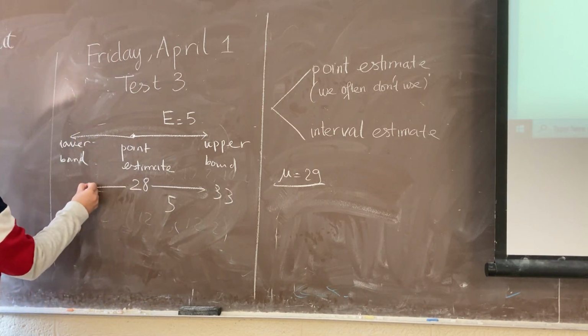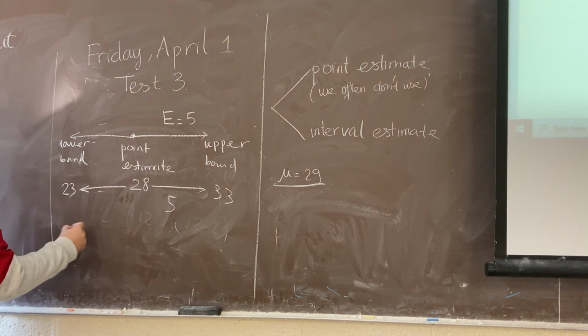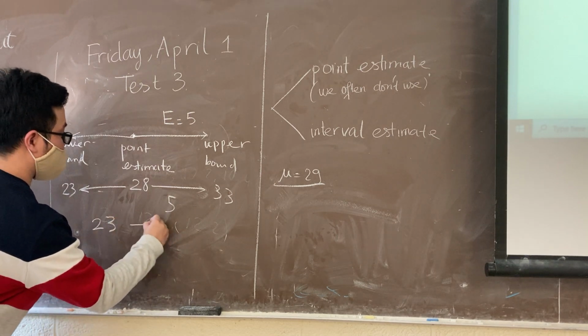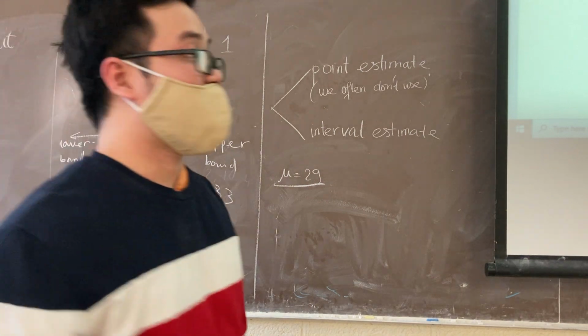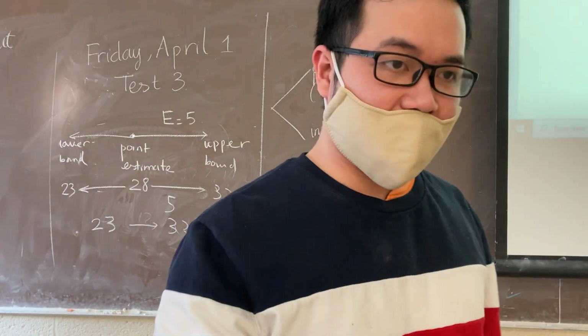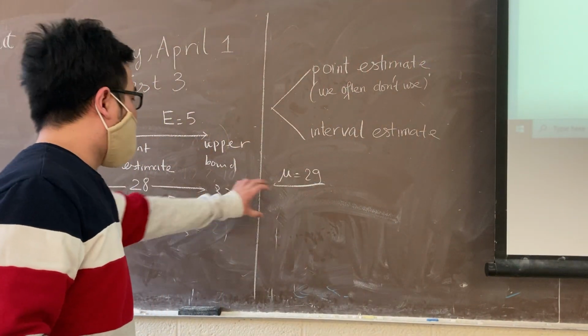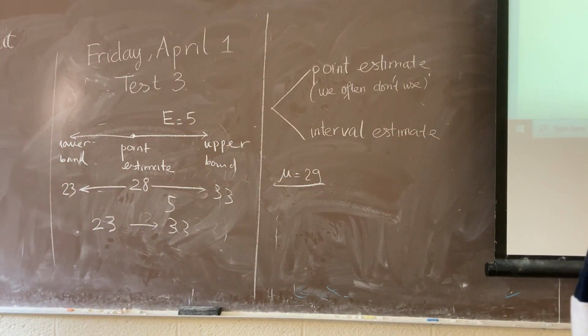And the minimum value is 23. So I will get the estimate from 23 to 33. If I know the margin of error, I can get the interval estimate for the population mean. So that is very important.